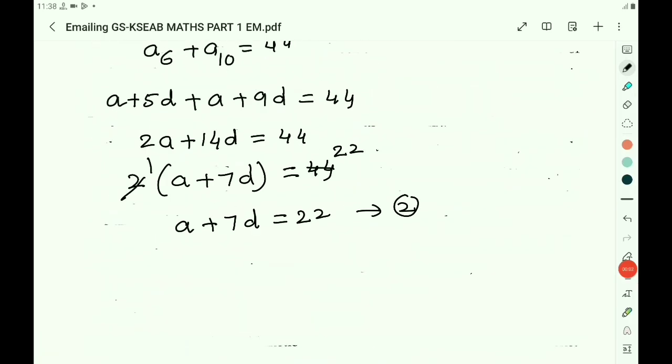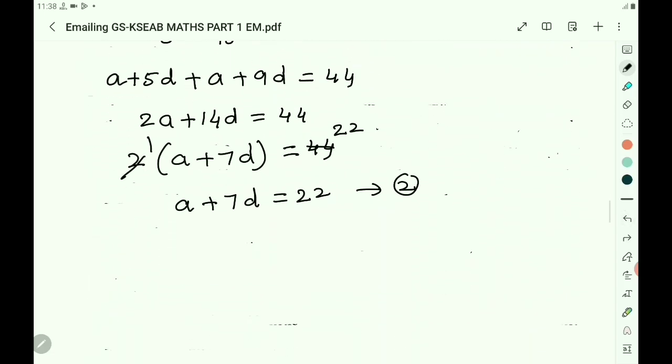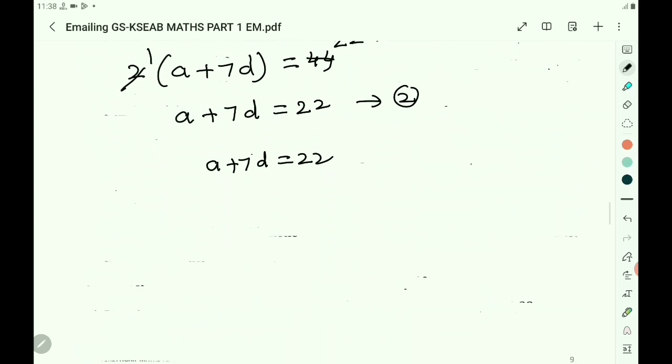This is the second one. A plus 7d is equal to 22 and the first one is a plus 5d is equal to 12. Write one below the other. First let us take the bigger one. So write above: a plus 7d is equal to 22. First one: a plus 5d is equal to 12.